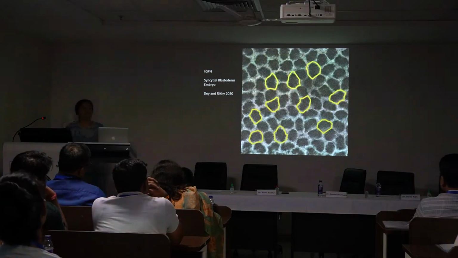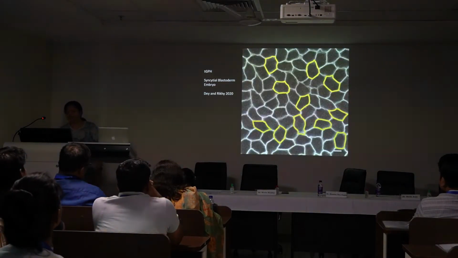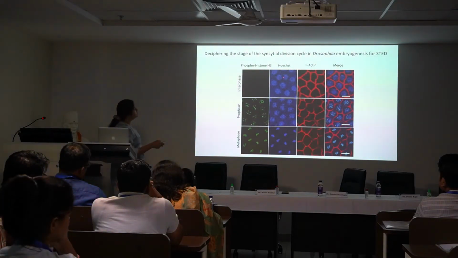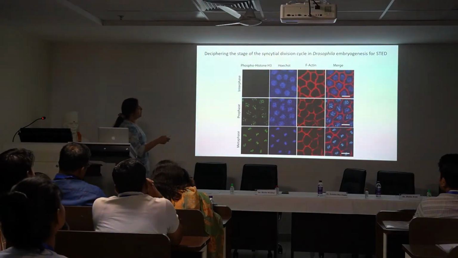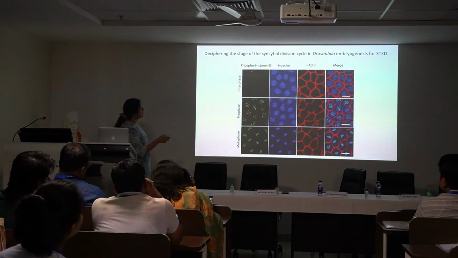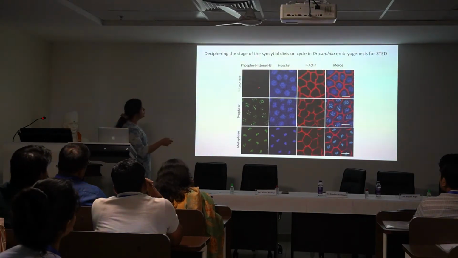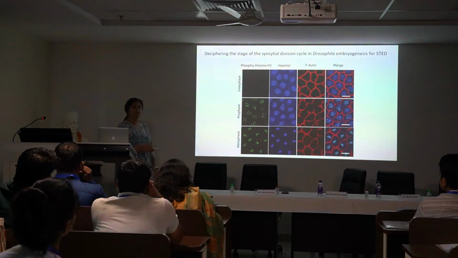Alright, so can we visualize these villi better? And this is something for which we use STED. Now, a lot of times for STED you can't use a DNA dye, so we try to use other markers which could mark DNA. So here we are, for example, using phospho-histone 3. This also works nicely for us because in interphase, phospho-histone 3 does not label the nuclei.